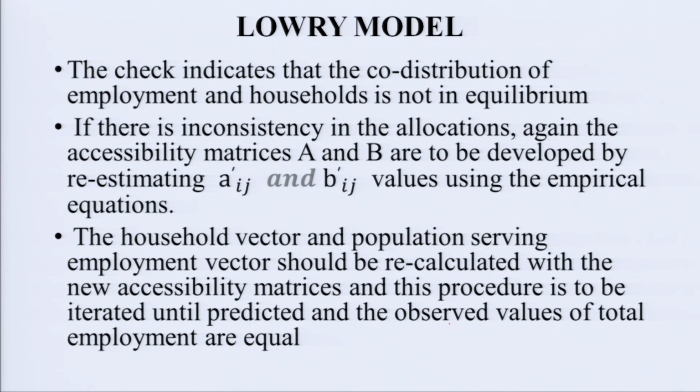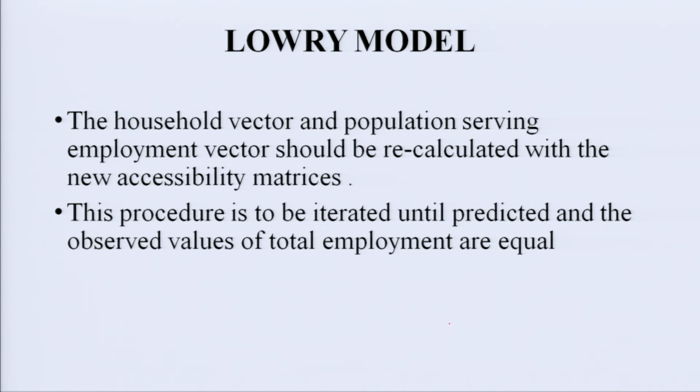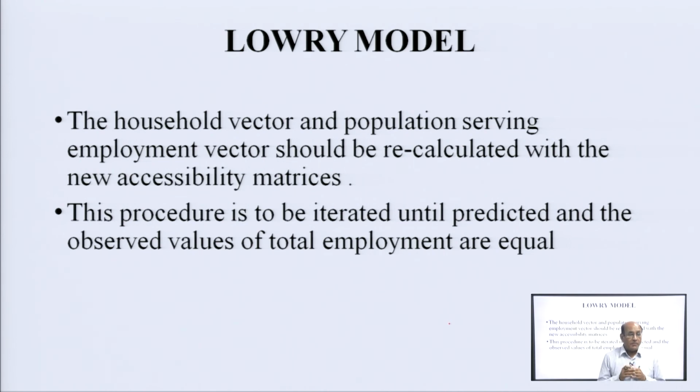The household vector and the population serving employment vector should be recalculated with the new accessibility matrices, and this procedure is to be iterated until the predicted and the observed values of total employment are equal.